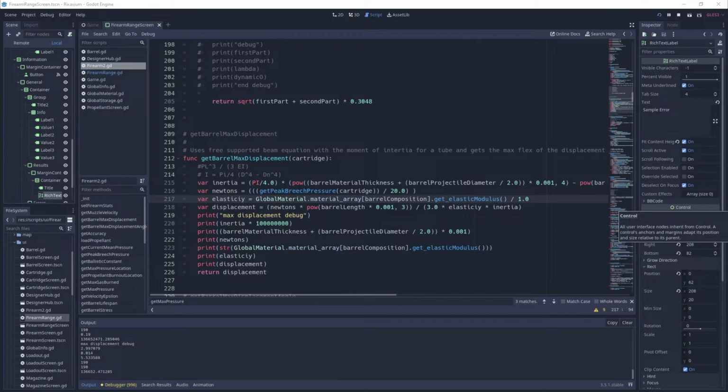Point load, span cubed. So we have the correct answer-ish. Boy. But it's just not cooperating with us very well.